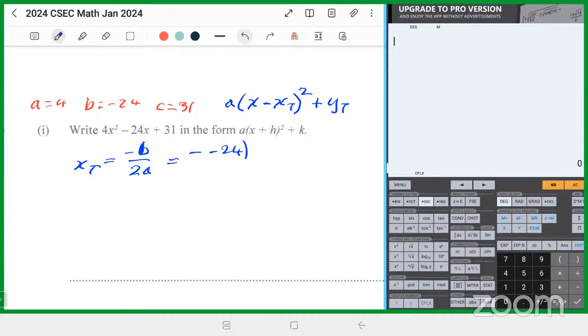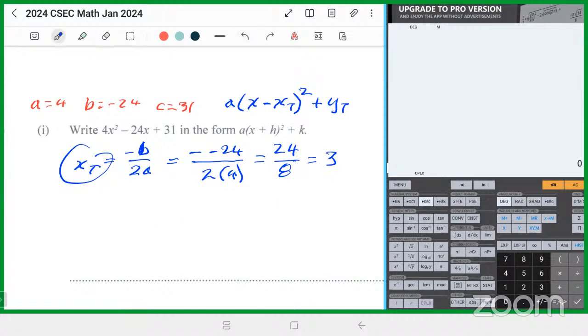I don't need to put the brackets. But this minus becomes a plus, divided by 2 times a, and the a is 4. That's 2 times 4. So this then becomes a positive 24 over positive 8. 24 divided by 8 is 3. And so my xt value is 3.